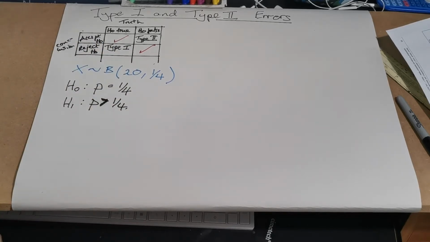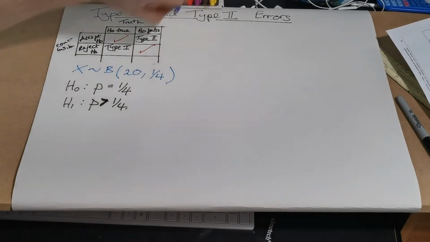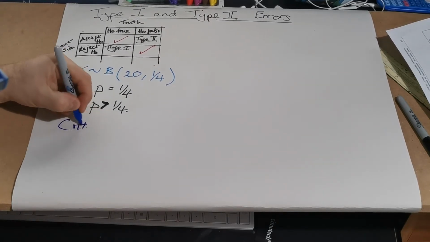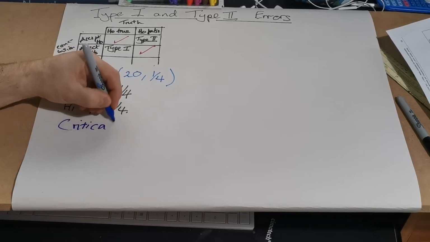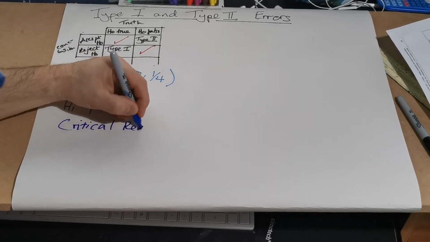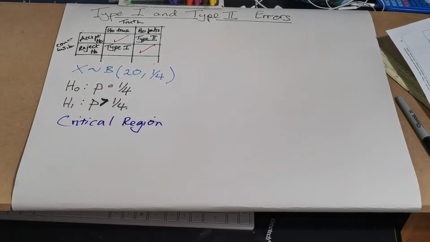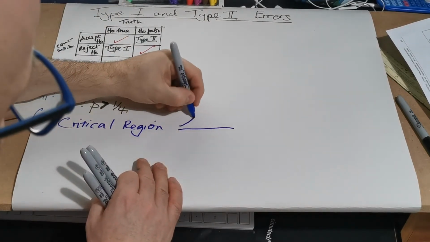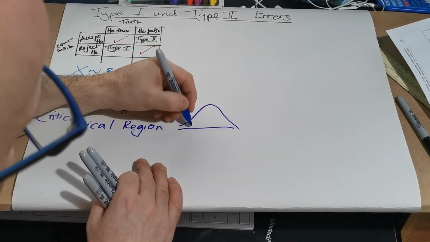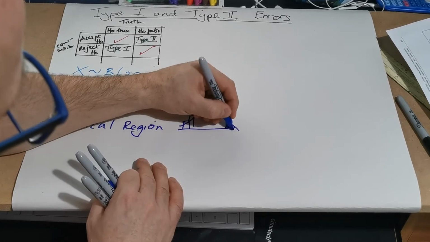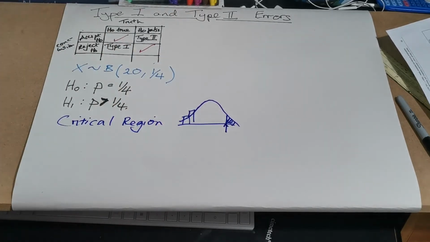Now what I'm going to look at is a critical region. In terms of if it was a normal, obviously this is going to be blocked up with being binomial, but we're going to look for a value here where I would expect to reject.